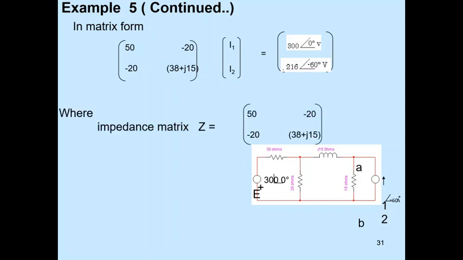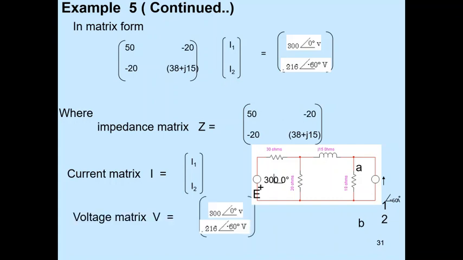So in this the impedance matrix is 50, minus 20 and minus 20, 38 plus j15. Current matrix is I1 and I2 and voltage matrix is 300 at an angle of 0 and 216 at an angle of minus 60 degrees. This is about the fifth example. We can write the mesh equations and we are putting into the matrix form.